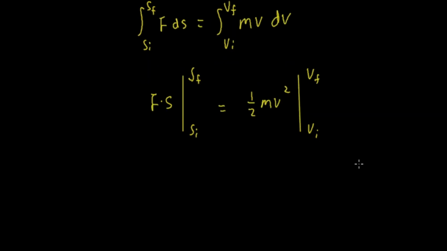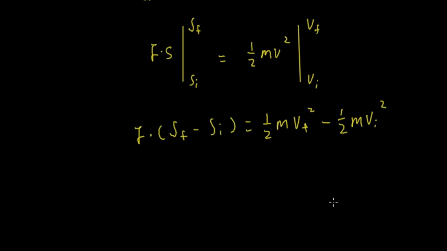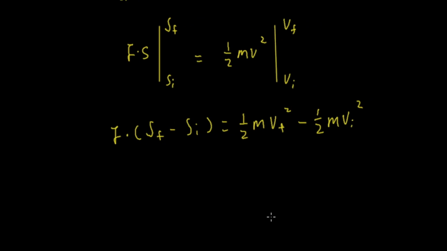Okay, now let's put the limits into the integral. We have f times final position minus initial position equals half mv final squared minus half mv initial squared. Now, what is this equal to?